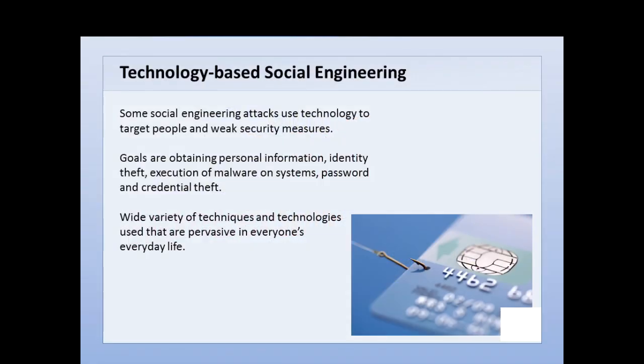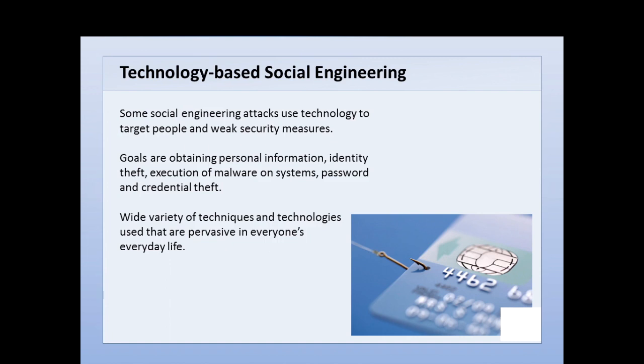Some of these social engineering attacks use technology that's pervasive in everyone's life in order to target people and their weaknesses and weak security measures, weak operational or physical security measures. Now, obviously, the goal in technology-based social engineering is to get personal information about an individual or even about an organization, things that you could use against them or things that you could use to steal money from them.